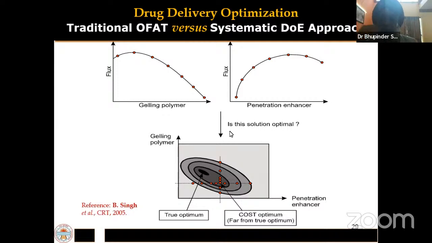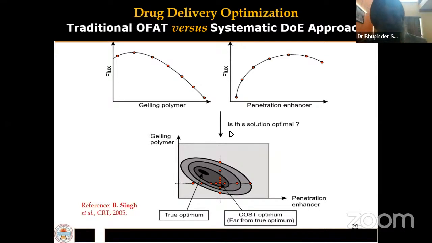Flux, the permeation rate per unit surface area through human cadaver skin, was monitored as a function of the gelling polymer and the penetration enhancer. Flux was made the dependent variable, and gelling polymer the independent variable.